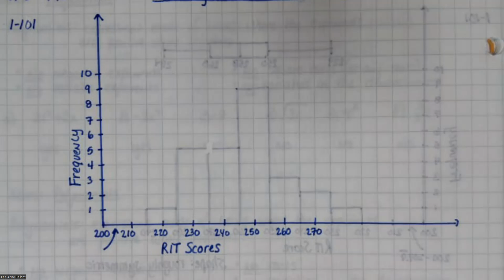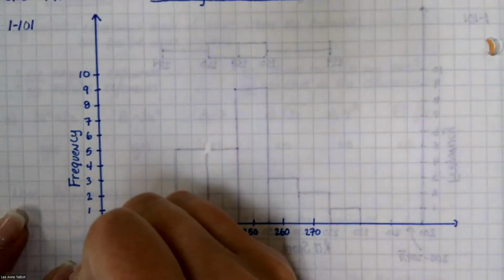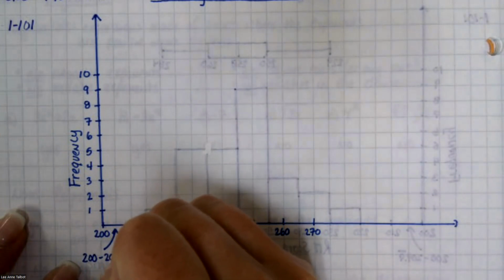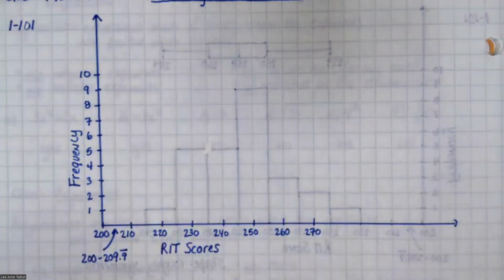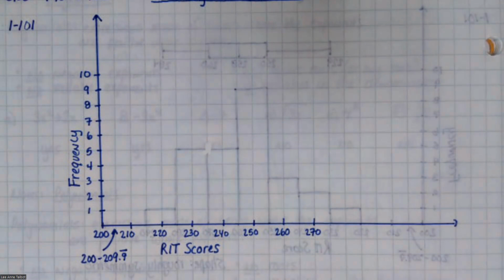So what I mean by that is this first bin right here is 200 to 209.9 repeating, which is why I picked that joke for today. So if one of my numbers in my list was 210, it wouldn't go here, it would go here. If one of my numbers was exactly 240, it would go in this one, not this one. That's what I'm saying.